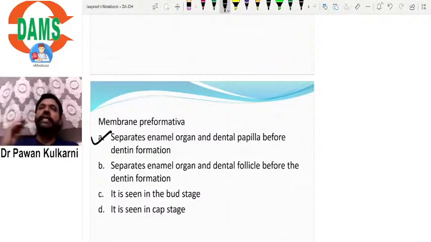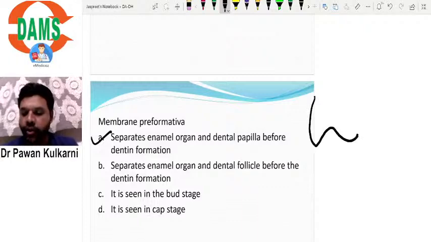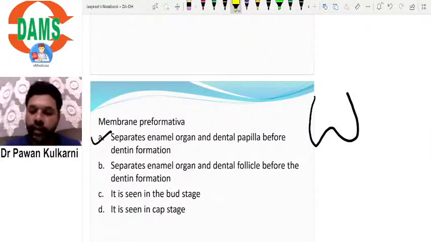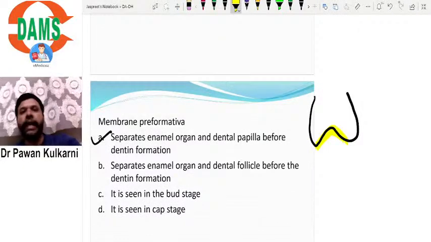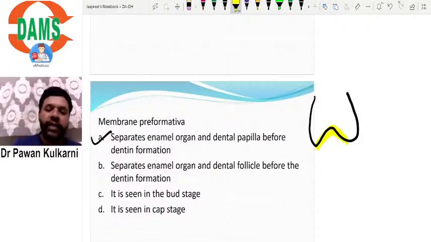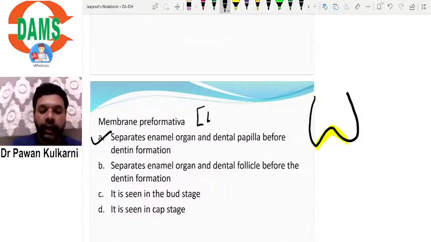Till the early bell stage, this membrane is known as membrana preformativa, because it separates the inner enamel epithelial cells from the dental papilla. So membrana preformativa is present till the early bell stage.